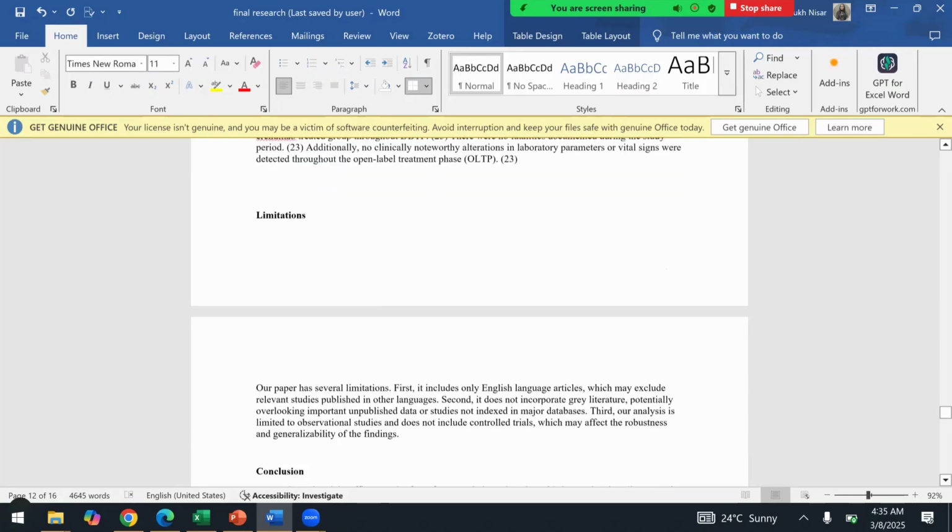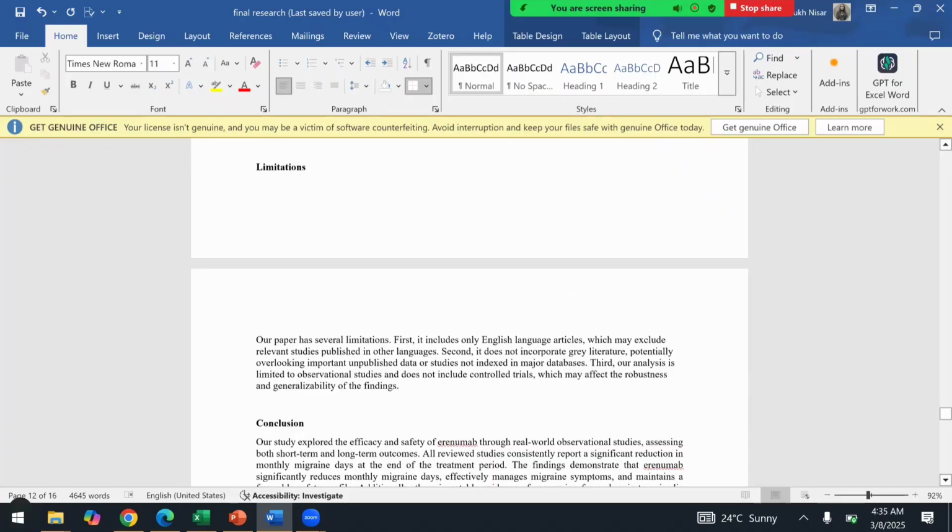And then limitations. So limitations are actually your exclusion criteria. For example, it includes only English language articles, which excludes relevant studies published in other languages. It does not incorporate gray literature, overlooking important unpublished data. And since you have only observational studies and no controlled trials, it affects the generalizability of the findings.